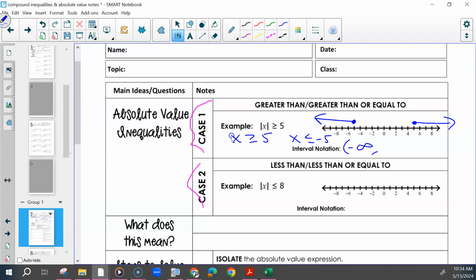It stops at negative 5. It closes, so square bracket. Because this is pointing away from each other, this is an or, so we're going to put or in between. Starts again at 5, and then keeps going to infinity. So anytime you see greater than or equal to, you need to be thinking this is an or inequality.